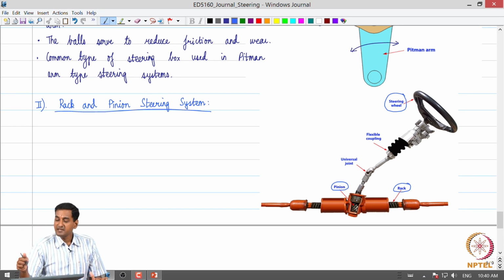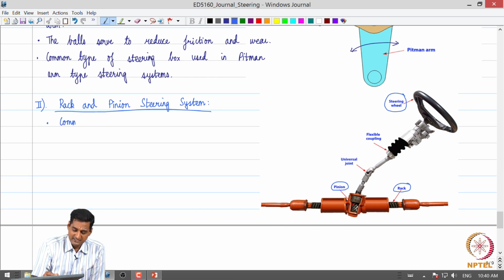So, that is the mechanism here. Rack and pinion systems are commonly used in lighter vehicles like cars, SUVs and so on.